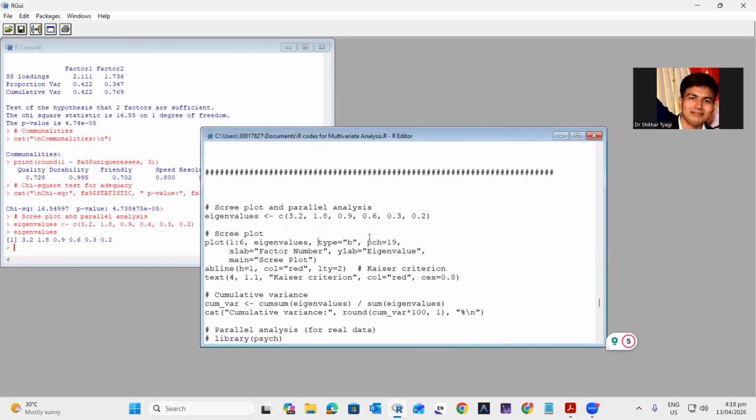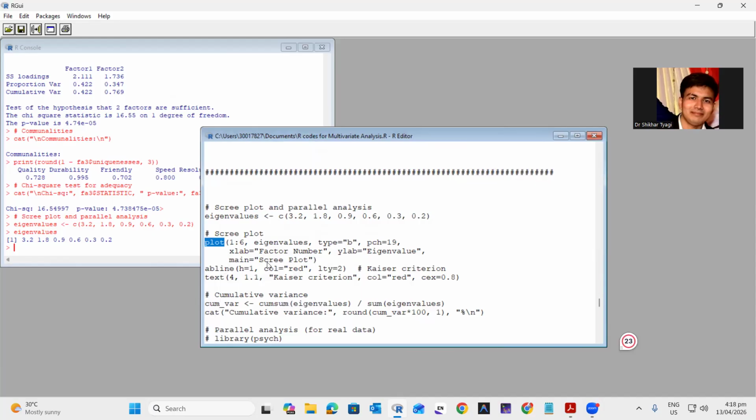After that, we are going to draw a scree plot. In the plot command we use 1 to 6 and eigenvalues, type equals b, pch equals 19, xlab is the factor number, ylab equals eigenvalues, and main should be scree plot. So 1 to 6 means factor numbers 1 to 6 on the x-axis, and eigenvalues on the y-axis.